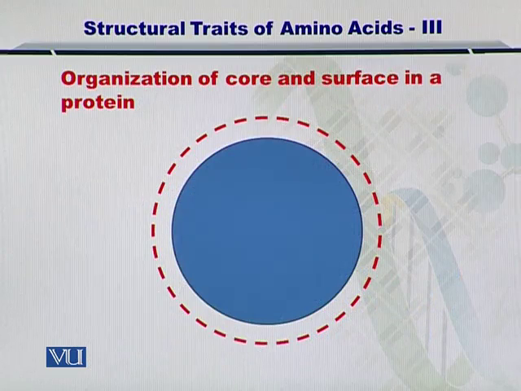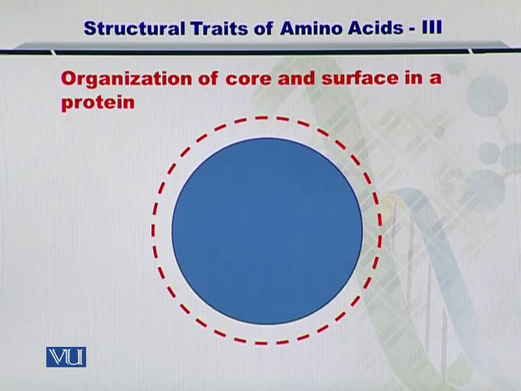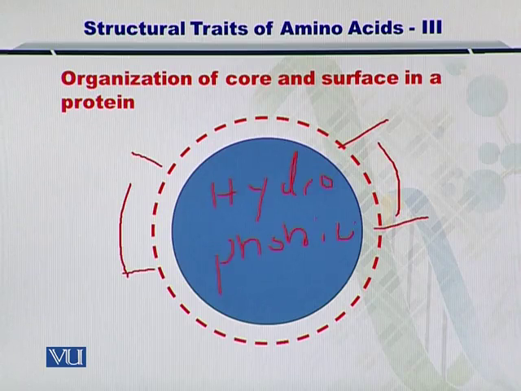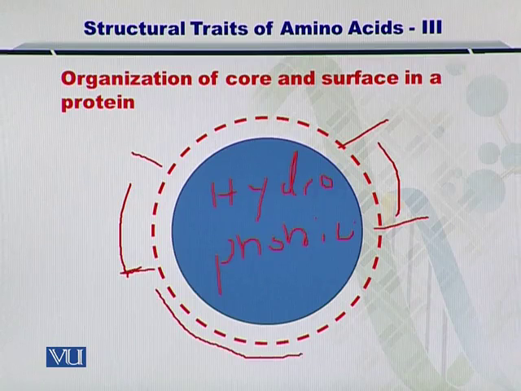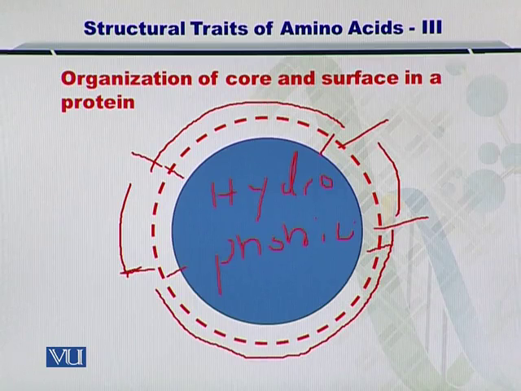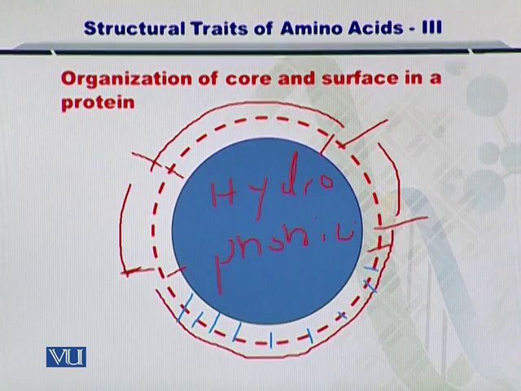Here in this example, I will show you this organization. So these are all hydrophobic residues, and some part of the surface is functional, while the other part of the surface stays non-functional and is also hydrophobic in nature, as shown here in the blue.